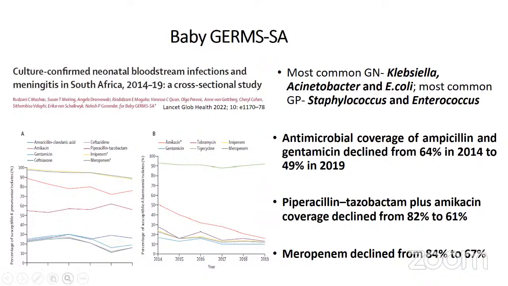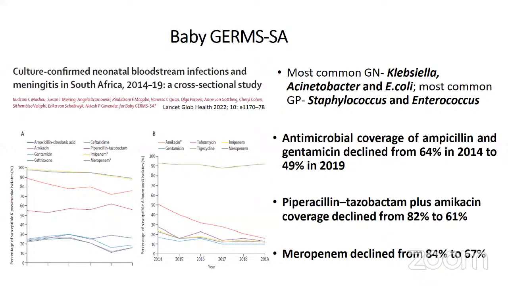If you look at coverage, ampicillin and gentamicin, which we use for early onset, is not that good. And if you look at the graph on the right side, the susceptibility of the organisms is reduced over time, comparing 2019 to 2014.